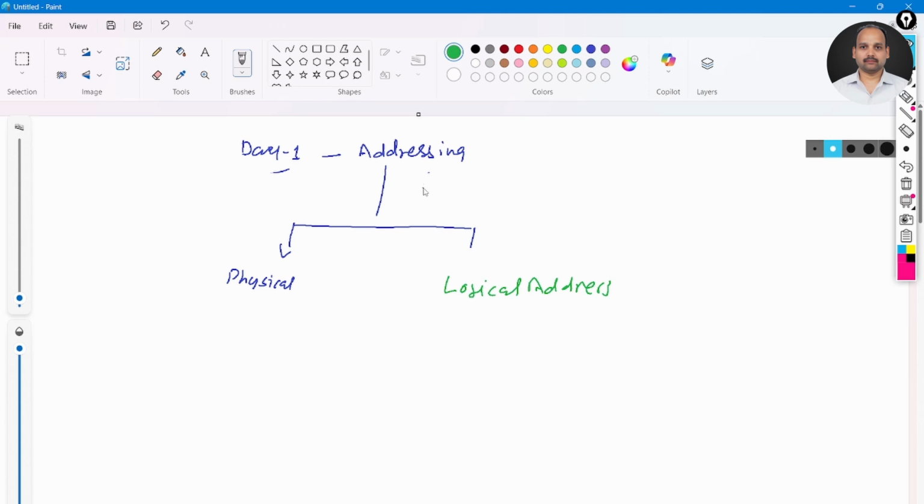The physical address in the computer is called the MAC address. MAC stands for media access control.